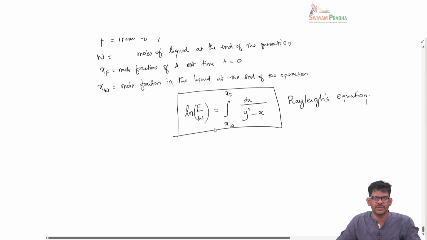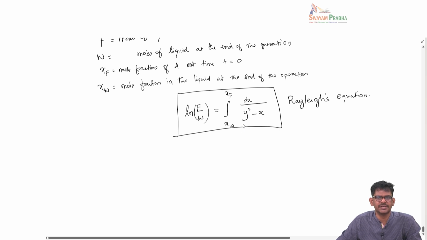But if you want to go further, you need VLE data, xy data. On the right hand side you have the variable x and also y, and y is a function of x. So if you know the VLE data in terms of xy data, you can write y in terms of x and then integrate this out. That's one possibility.